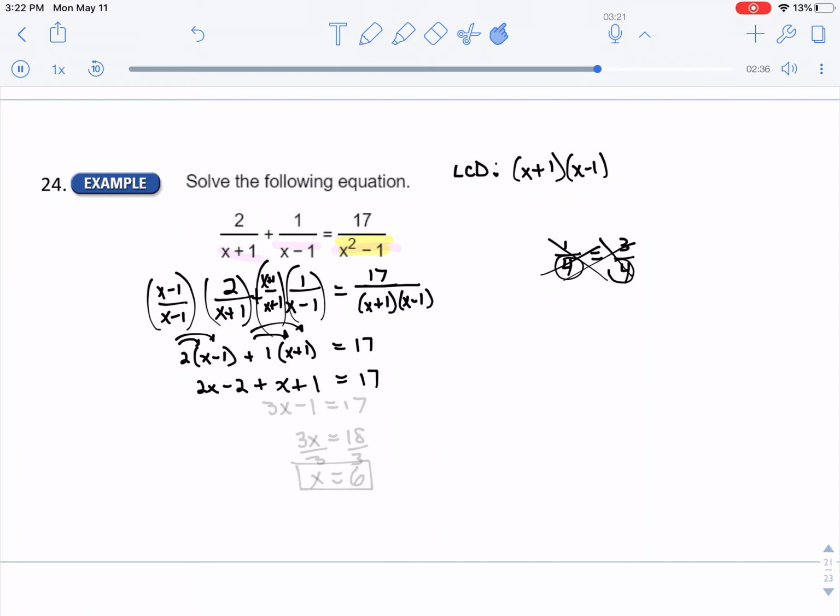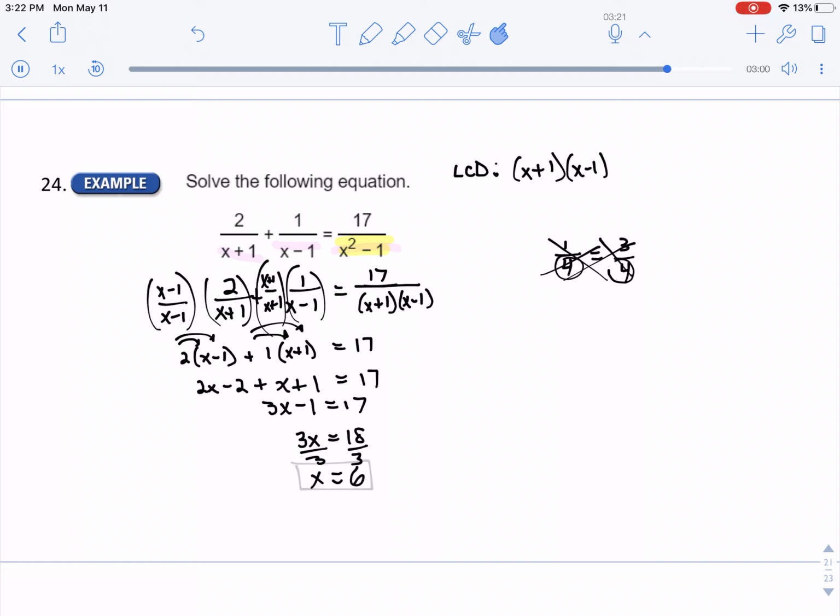Combine my like terms, so I get 3x minus 1 equals 17. Add 1 to both sides, and I get 3x equals 18. And divide both sides by 3, and I get x equals 6.